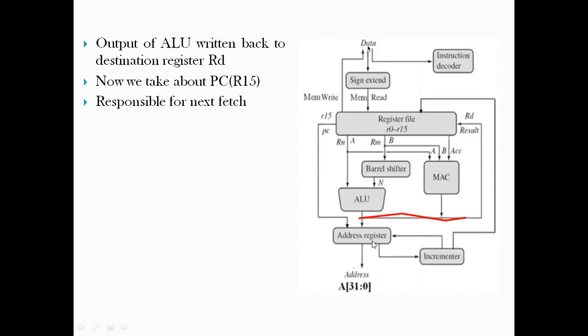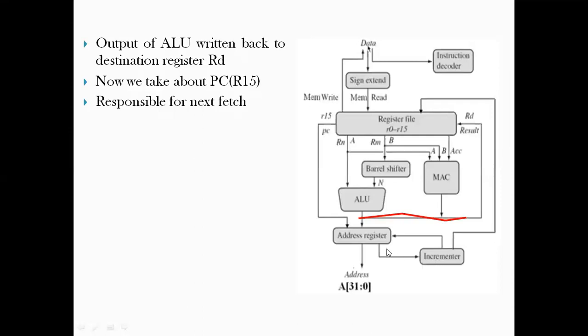So the address register is giving this to the incrementer, which in case of sequential processing, that is when my program code is written in the consecutive memory location, is going to increment the address by 4 memory locations so that it points out to the next instruction which is there in the sequence.